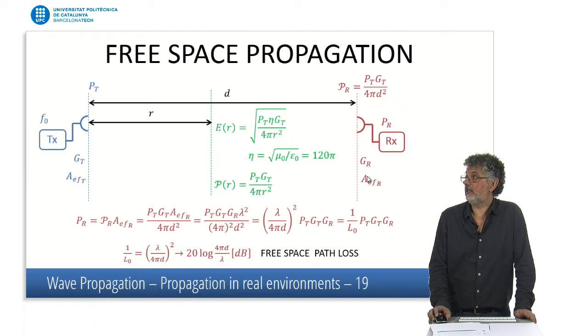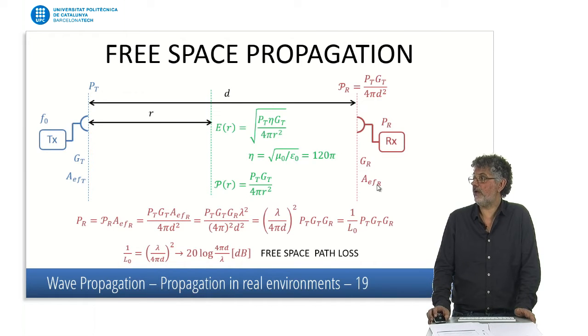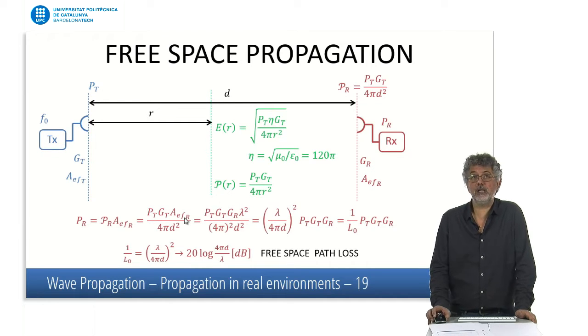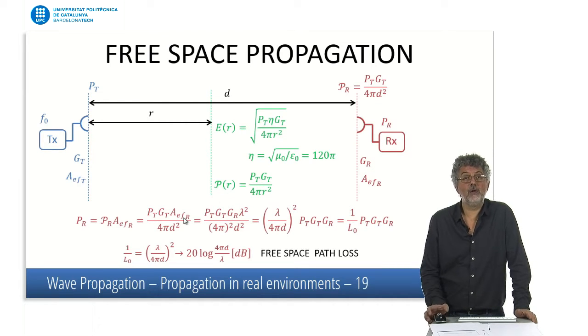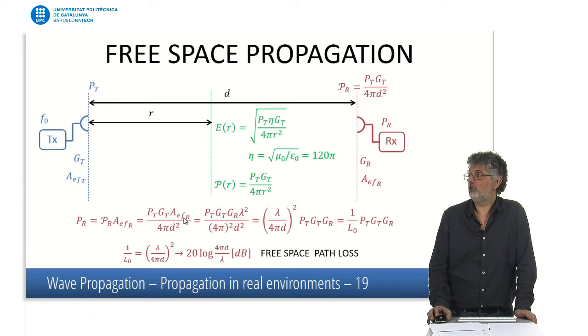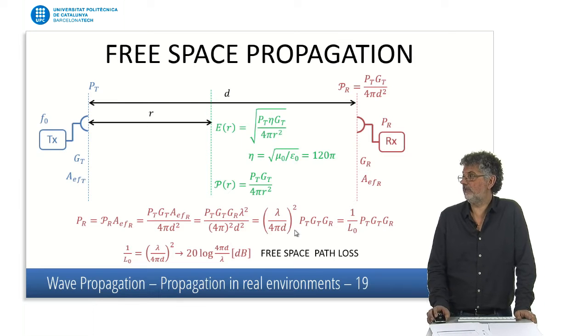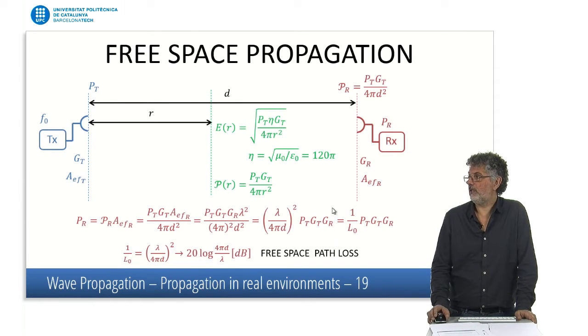Now, this antenna has a certain effective area, so the received power is the incident power density times the receiving antenna effective area, and we know that we can express the effective area of the receiving antenna as a function of that antenna gain. So when we substitute, we obtain something like this, that when we rearrange the terms, we obtain this.